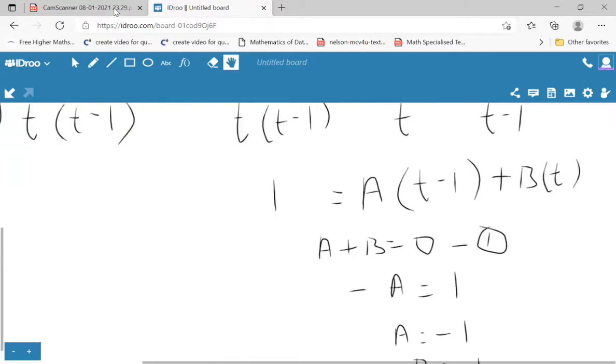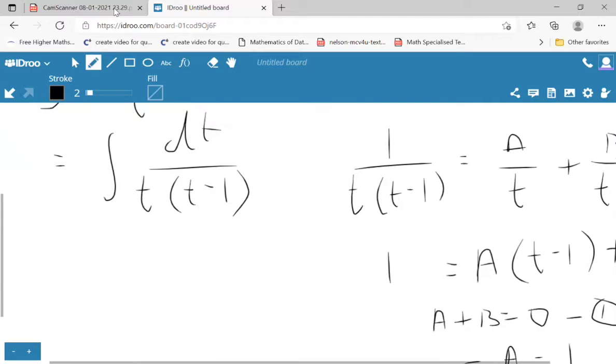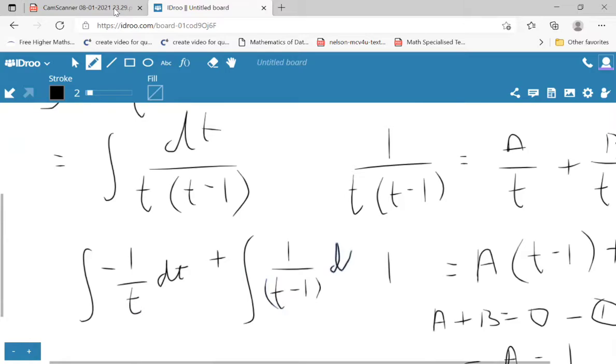So therefore, you can rewrite this as integration of a, which is minus 1, so minus 1 by t dt, plus integration of b, which is 1 by t minus 1 dt.